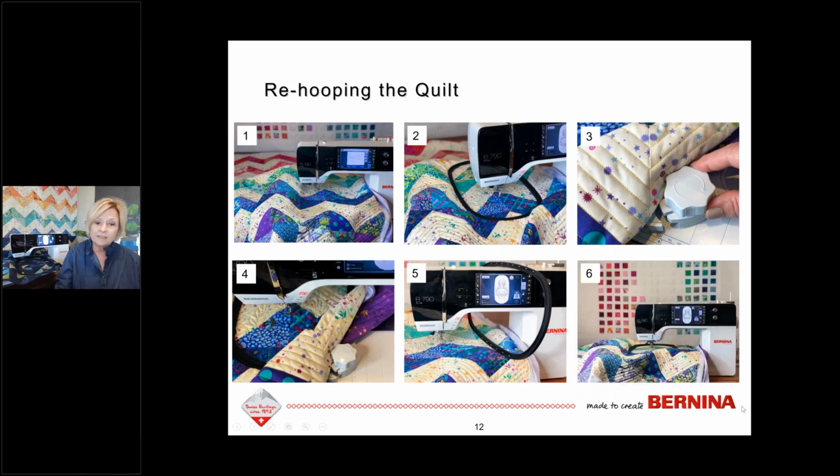And then finally, you put the hoop back down and then you are ready to go. So those are the steps that I took, and now I'm going to, let's see, go and look at my, well, I gotta find where the videos are.